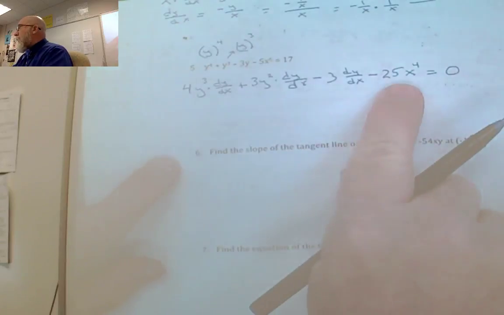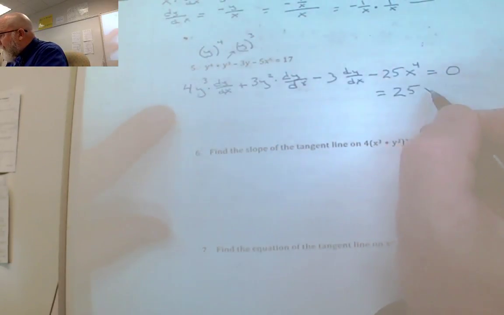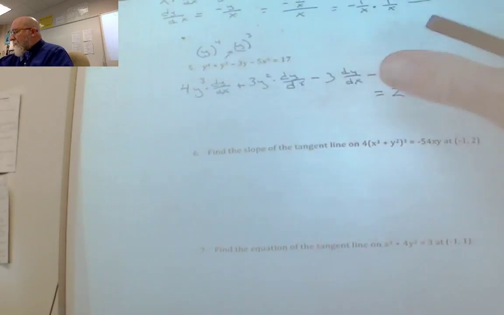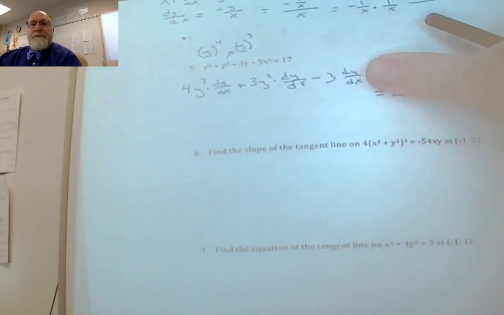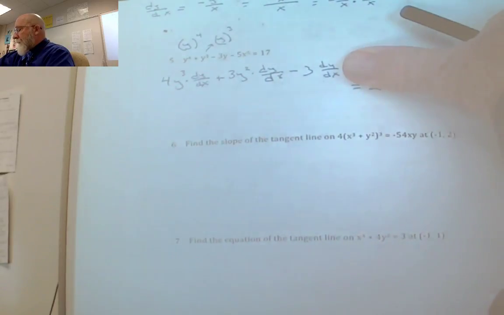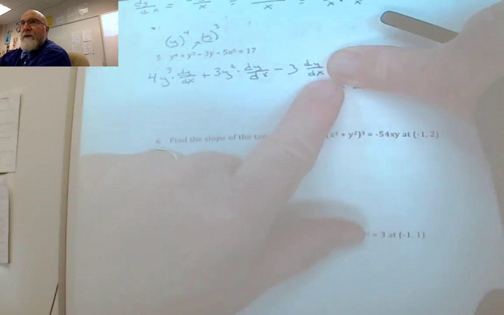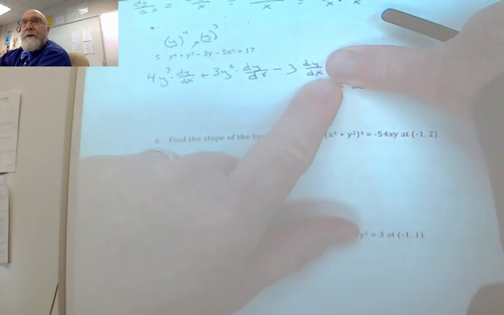I have one term that doesn't have dy dx, does it? So I'm going to move this over here and get 25x to the 4th. So now I'm just left with these. There's a dy dx in each of these, isn't there? Correct?